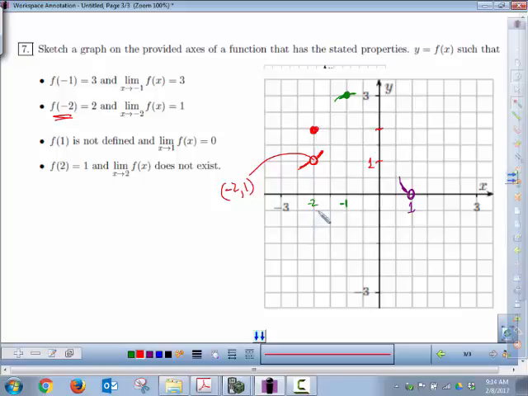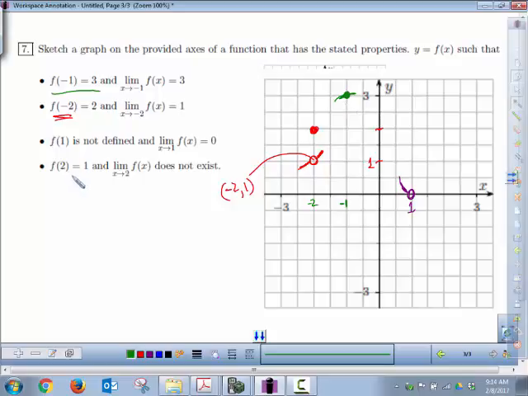When you plug negative 2 into the function, it gives you an actual value of positive 2. So yeah, that's the first group, the green one. The limit as x approaches negative 1 is equal to 3. And because the function itself is defined there, it's a dark circle. Okay?